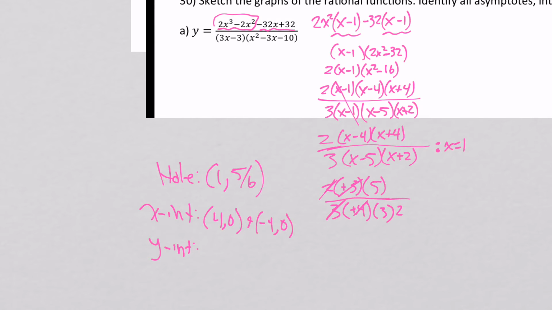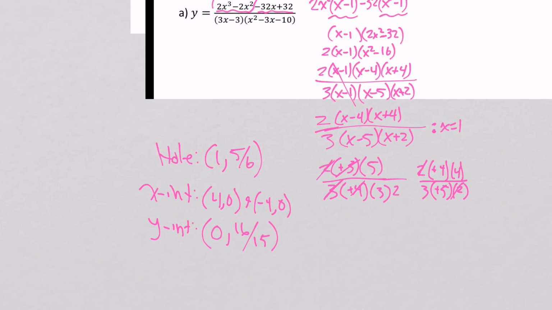So 2 times 0 minus 4 is negative 4, over 0 plus 4 is positive 4, over 3 times 0 minus 5 is negative 5, times 0 plus 2 is positive 2. Not much simplifies, but I got the 2's canceling and I've got a double negative. So I'm left with 4 times 4 is 16 in the numerator divided by 3 times 5 is 15 in the denominator. So I get my y-intercept.